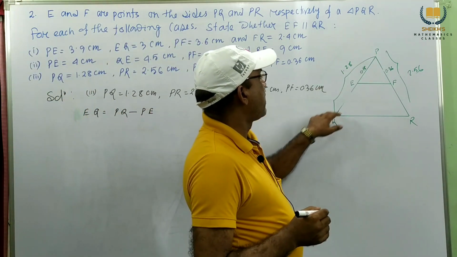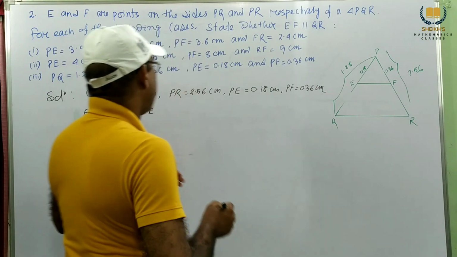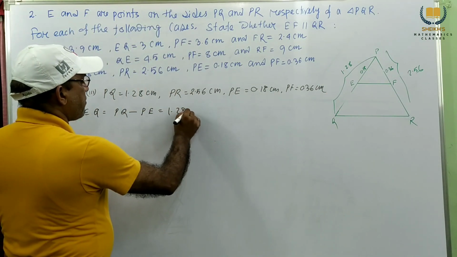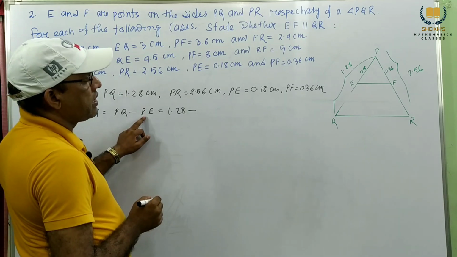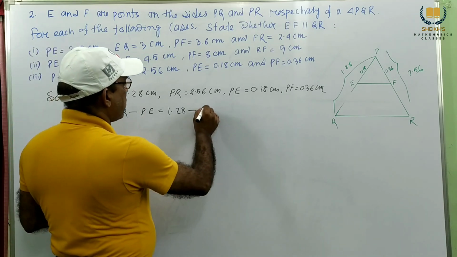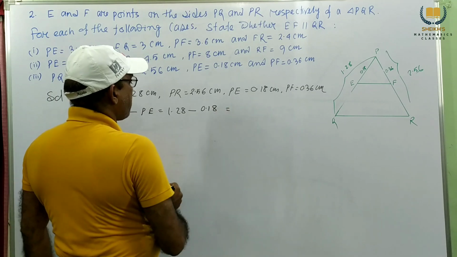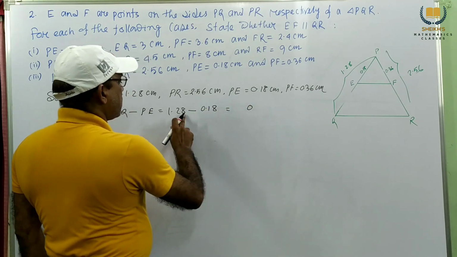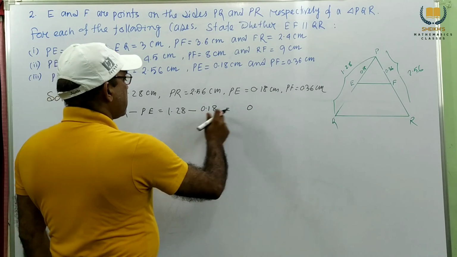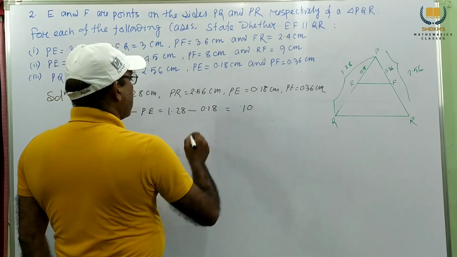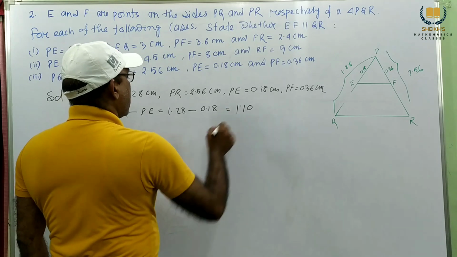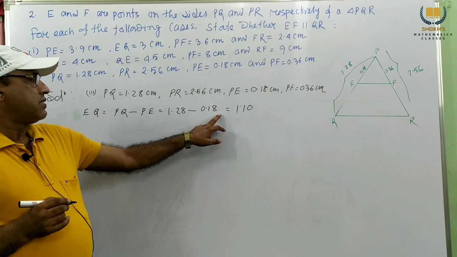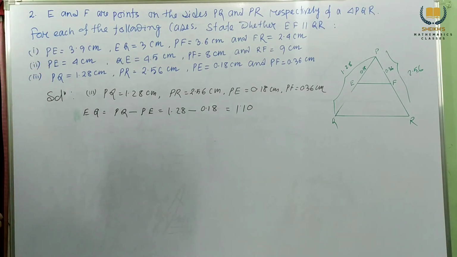EQ means whole minus PE, that is PQ minus PE. PQ is 1.28 minus PE is 0.18, and if we subtract this we get 1.10.